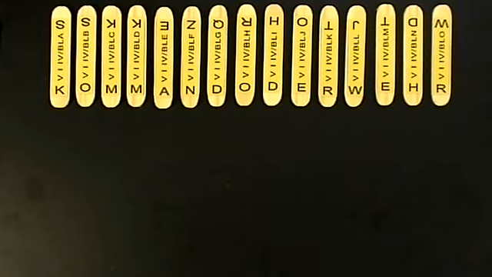Similar to a puzzle, I now arrange these small wooden sticks in such a way that the ends of the small wooden sticks with the identical letters butt against each other. Please watch what I'm doing now.